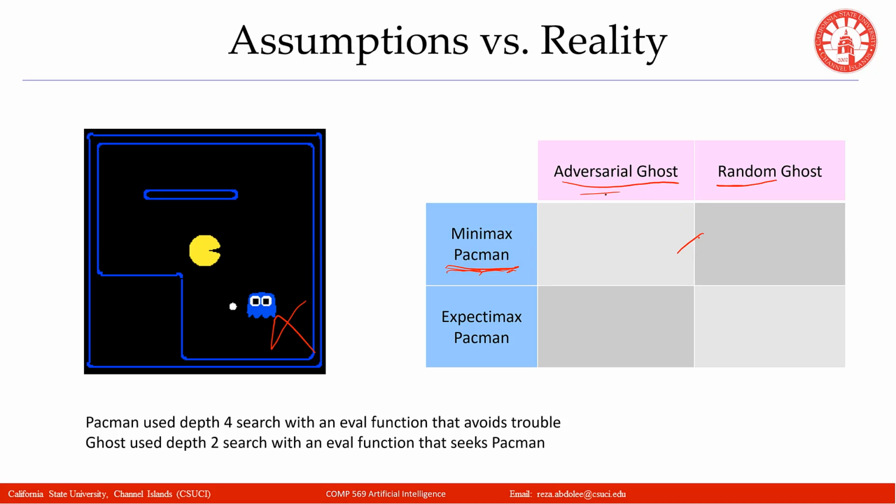Does anyone have an answer for this question? Which game is going to get the maximum score? Expectimax Pac-Man with the random ghost? Expectimax and the random ghost. This one. Okay. Any other answer?